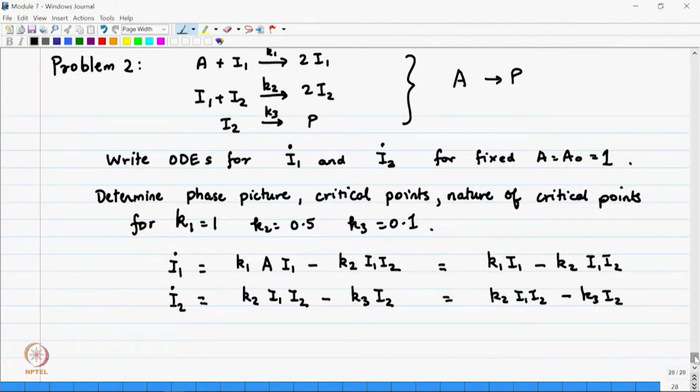Then you have to determine the phase picture, critical points, and nature of critical points for K1 equal to 1, K2 equal to 0.5 and K3 equal to 0.1. So, let us write the equation.